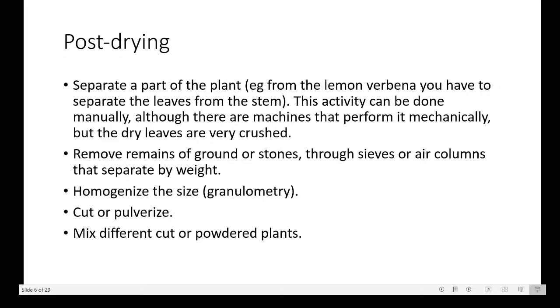But if you reduce it to 150 micron, you can get more alkaloids during the extraction process. If you reduce the size of the plant material, you can get more phytoconstituents and more product. And we have to cut, powder the plant, everything.